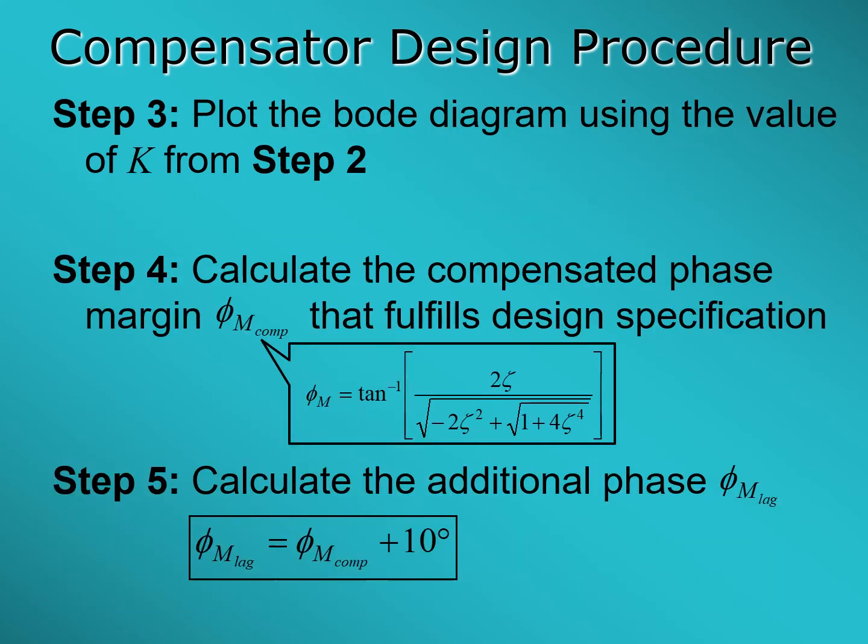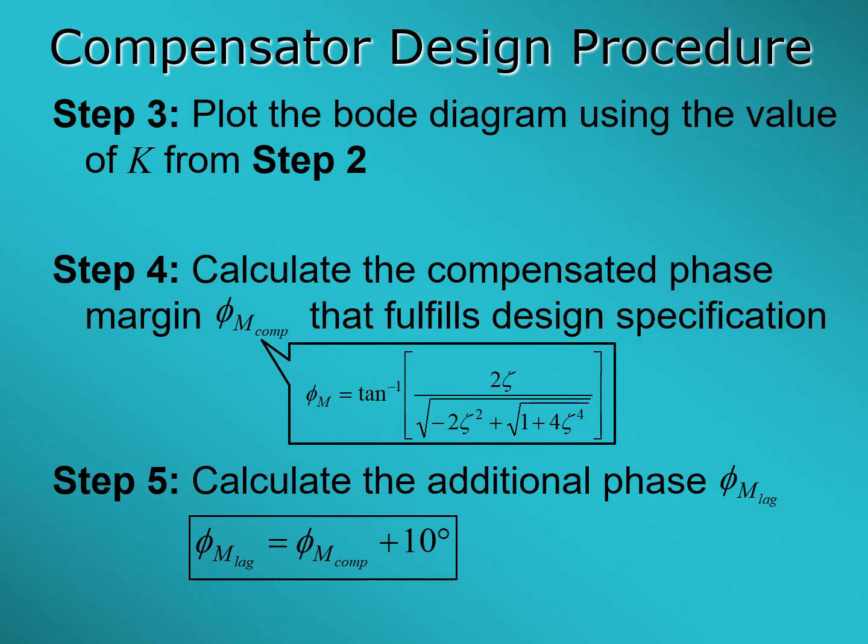Step number 3, plot the Bode diagram using the value of K from step 2. You can use Scilab or MATLAB to plot the Bode diagram. Step number 4, calculate the compensated phase margin, phi m comp, that fulfills the design specifications.